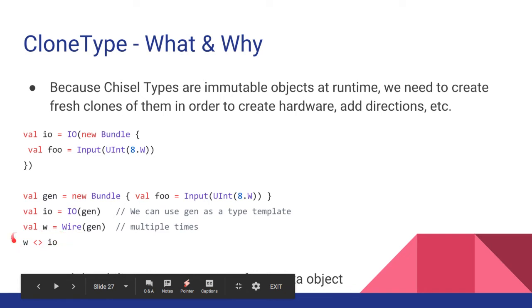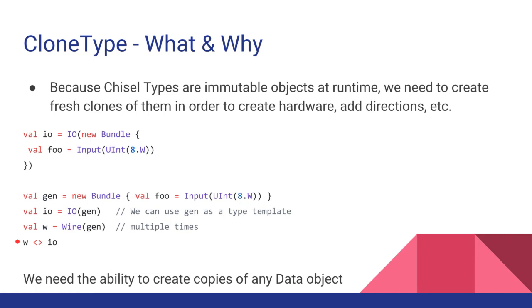And w and io can be connected with this bulk connection. Because of that, we need the ability to take some Chisel data object and create a fresh clone of it. That's the function that we call cloneType. And that's why when you get an error sometimes, it's because Chisel has to be able to determine how to create new clones of your thing.